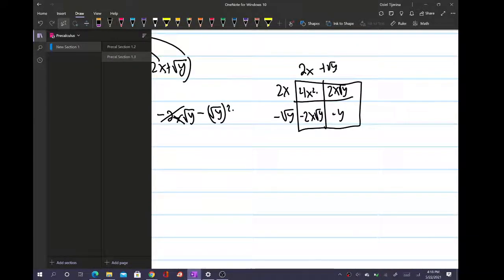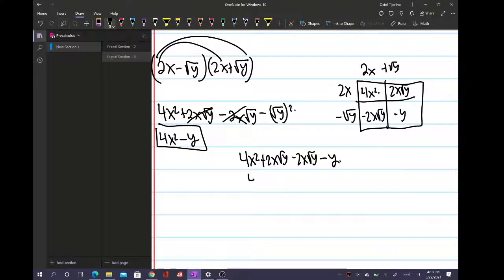That's how it would be. And then you would say this is just 4x squared plus 2x square root y minus 2x square root y minus y, right? So it's 4x squared minus y.